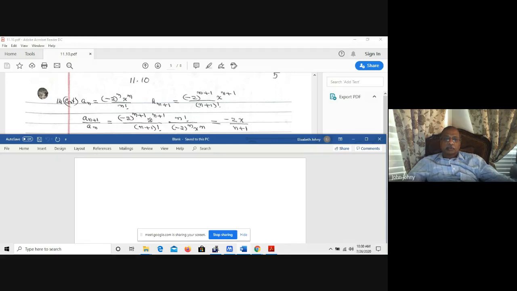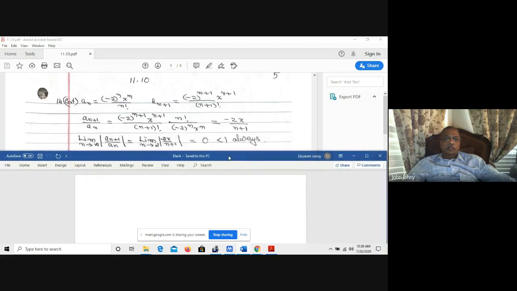Negative 2 to the power of 1, which is negative 2. x to the power of n plus 1 minus n, that is x to the 1, divided by n plus 1. n factorial means 1 times 2 times 3 up to n. Here, n plus 1 factorial means 1 times 2 times 3 up to n plus 1. The terms up to n cancel, leaving n plus 1. So the simplified answer is negative 2x over n plus 1.